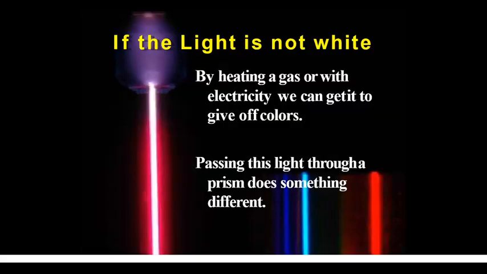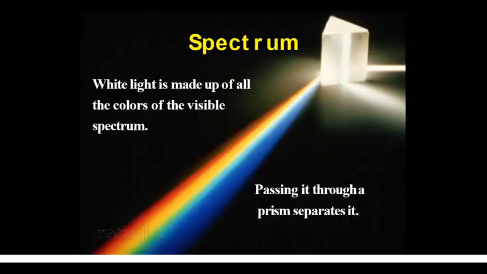What happens if the light is not white? How can we obtain the spectrum? So coming back to the previous slide, what do you mean by spectrum? Here you can see this visible spectrum contains 7 colors.